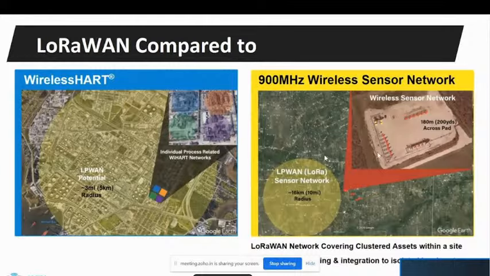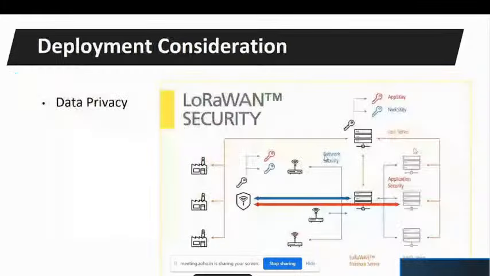Here you can see it can go up to a 10 kilometer radius. So we can put sensors in the industry, like a far node, and a remote IO can also be sensed. And another important criterion is data security.